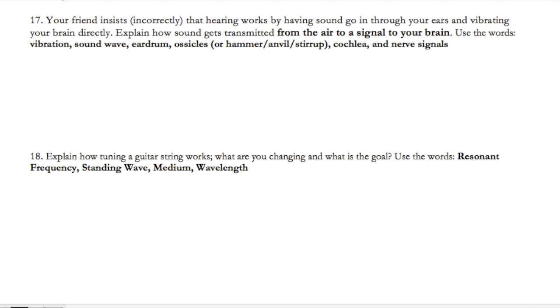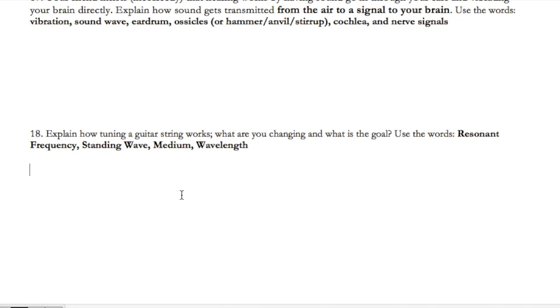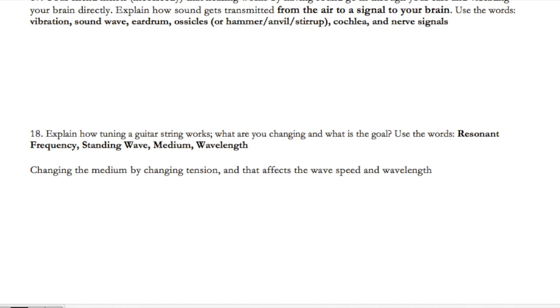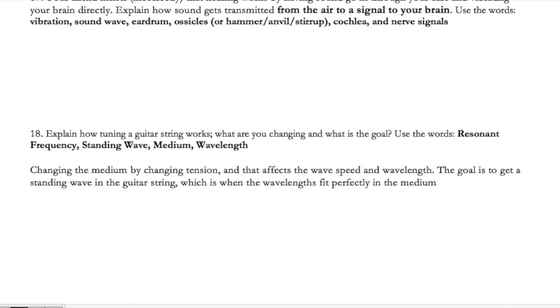And then tuning a guitar string, what are we changing? We're changing the medium by changing tension. And that affects the wave speed and wavelength. The goal is to get a standing wave in the guitar string. Which is when the wavelengths fit perfectly in the medium.